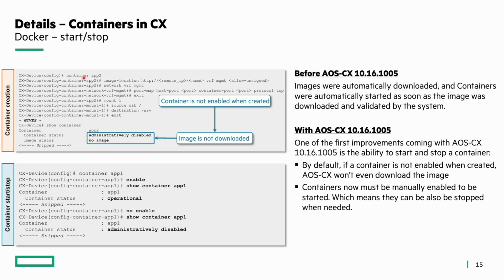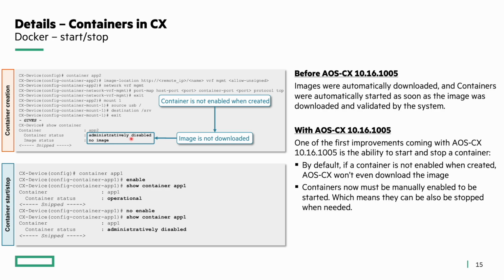So you can see here that we are creating a new container named app2. We are configuring everything, the image location, the network, and the mount as well, but we do not enable the container. So even with this configuration, if we do not enable the container, the image is not downloaded because the container is disabled. We have to enable the container to start the download of the image, and so to start the container as well.